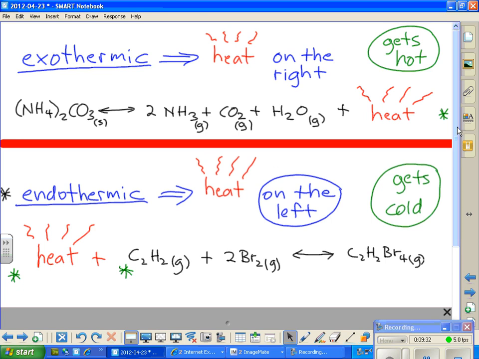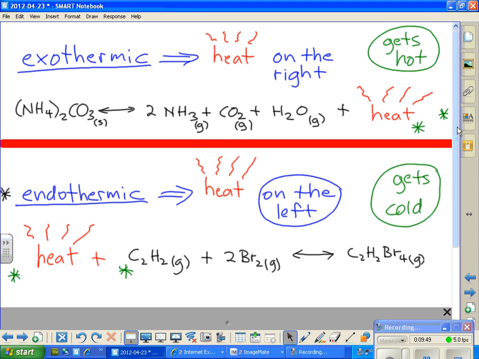And now we see the heat on the right side over here. And so the stress is going to be heat in. So heat is up. What does Le Chatelier want to do? No. Heat is down.